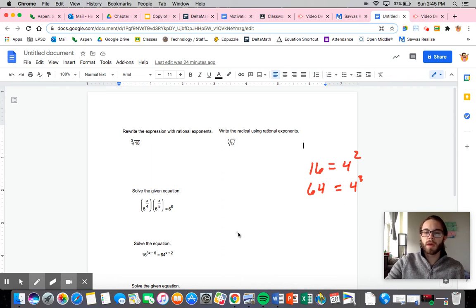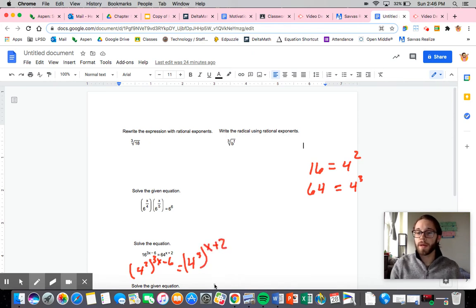Now, I can use that to help me solve this. So I'm going to rewrite this. 4 squared to the 3x minus 6 equals 4 cubed to the x plus 2. Now, what do I know from my different properties of exponents? Well, we have a power to a power, right?